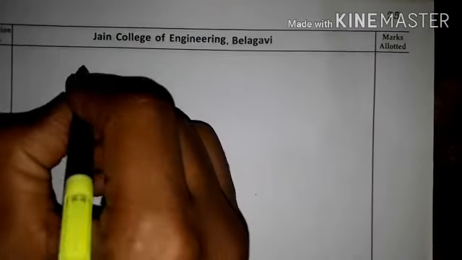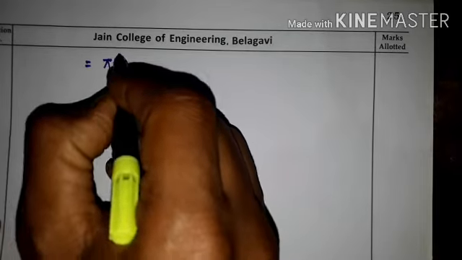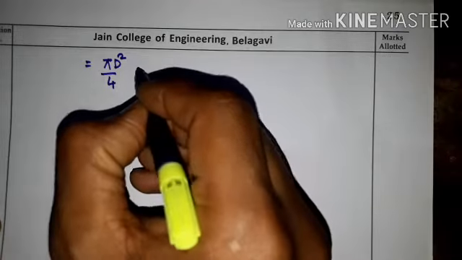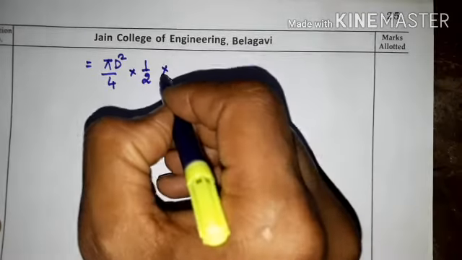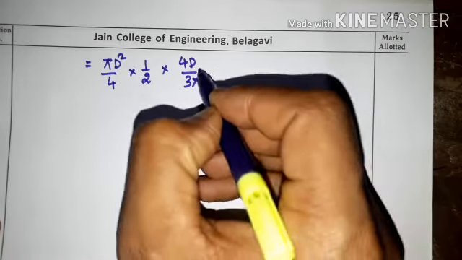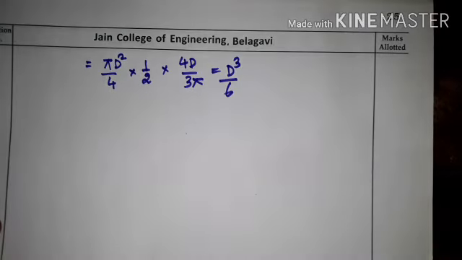After simplifying, pi d square divided by 4 into half of 4d upon 3 pi, we'll get ZP as d cube by 6.